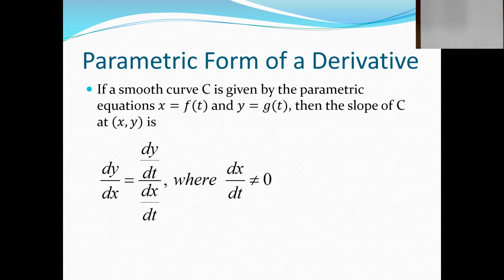So let's look real briefly at the derivation of this derivative. The way I'm going to present this is, let's say we have a curve on a plane, and we want to measure the slope between 2 points.